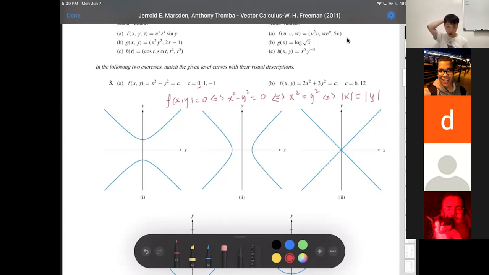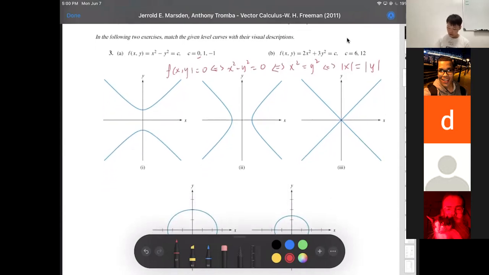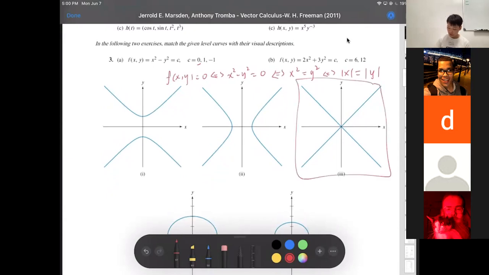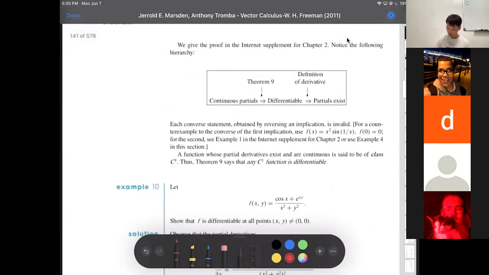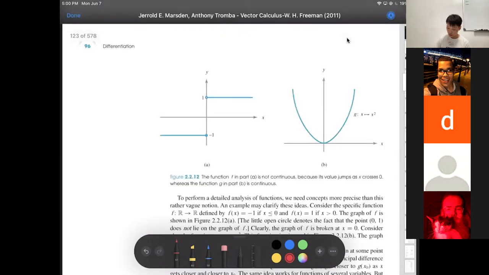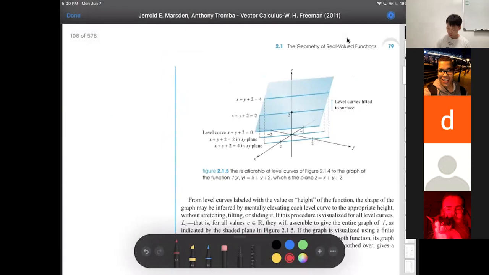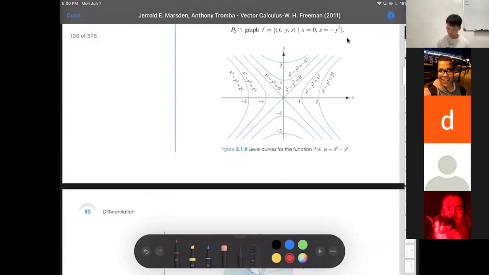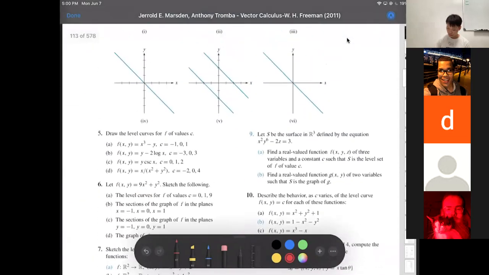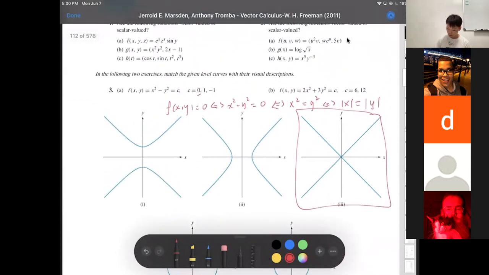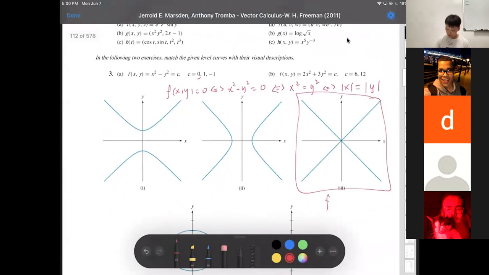So the only graph that satisfies this is graph 3. So this is the graph of the level curve for f(x, y) equal to 0.